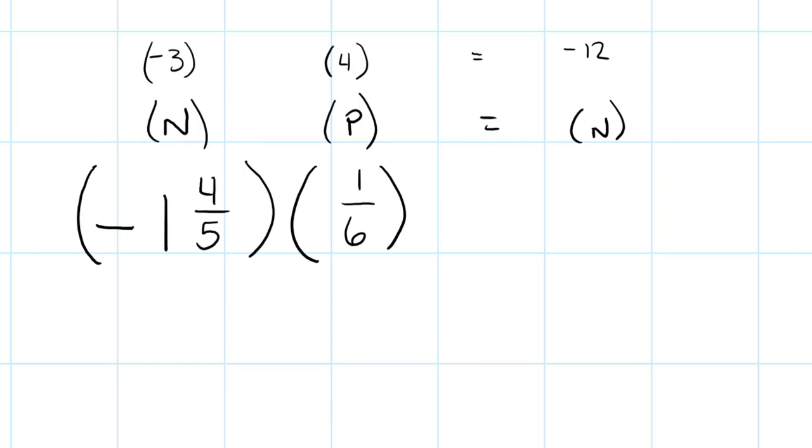Just because I'm multiplying by a positive doesn't mean it's going to change it at all. It's just saying, I've got this group of negative 3, and now I've got 1, 2, 3, 4 groups of negative 3, which is a total of negative 12. So let's apply that knowledge.